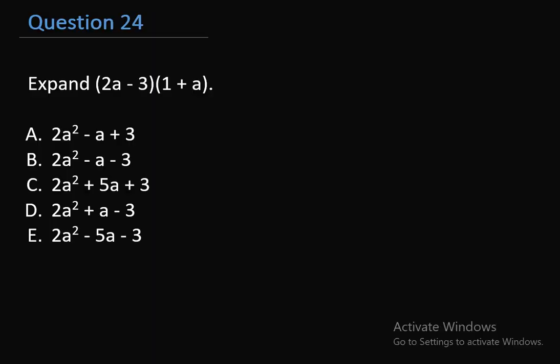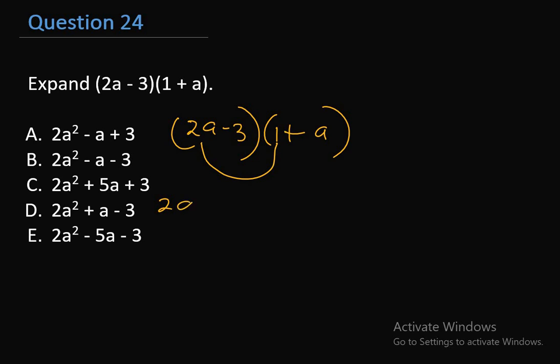Number 24, which is second to the last question. (2a - 3)(1 + a). Expand, so just my 2a times 1 will give me 2a. 2a times a will give me plus 2a squared. Minus 3 times 1 will give me minus 3.